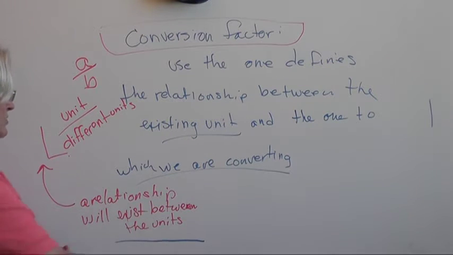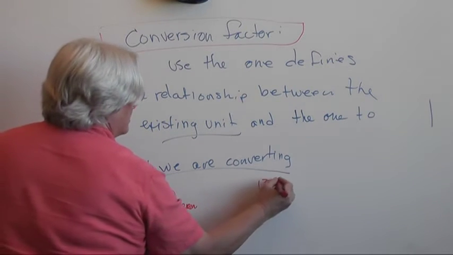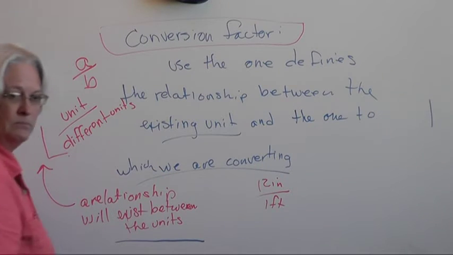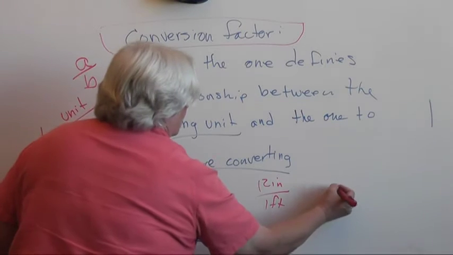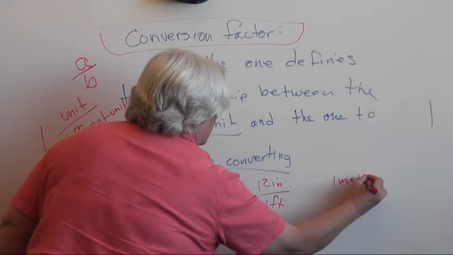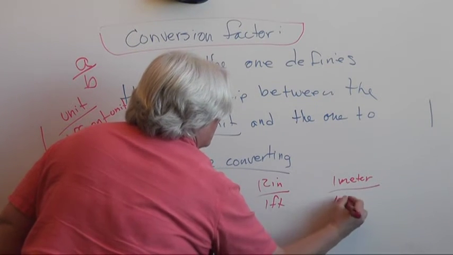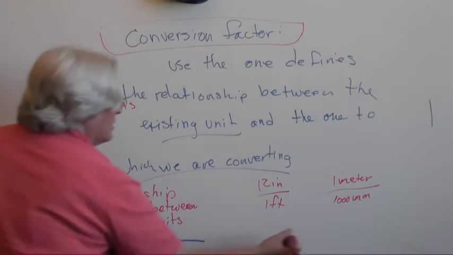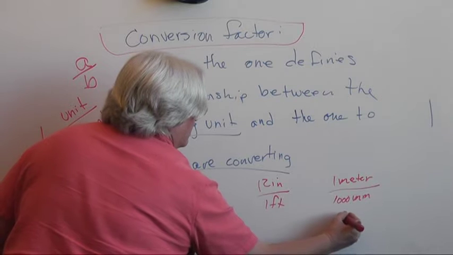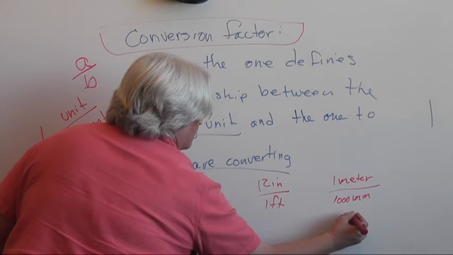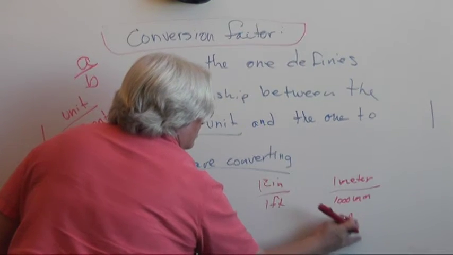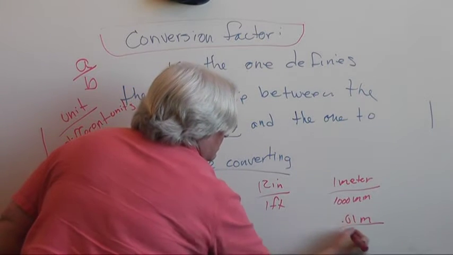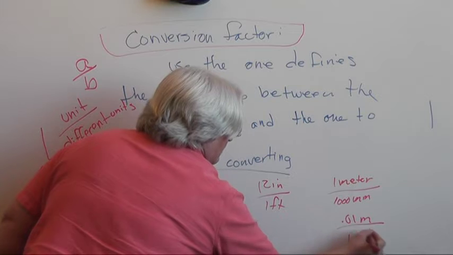An example of a conversion factor in English is 12 inches is 1 foot. Or 1 meter in the metric system is equal to 1,000 millimeters. Or 1/100th of a meter is equal to 1 centimeter.